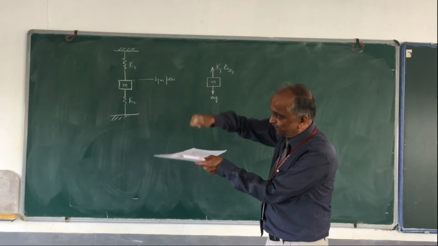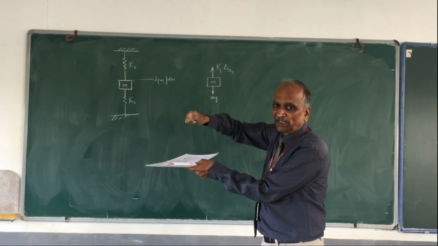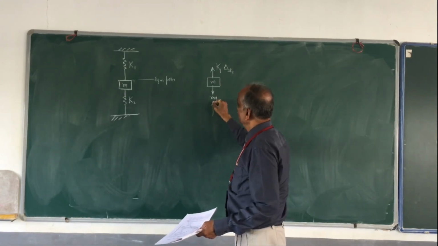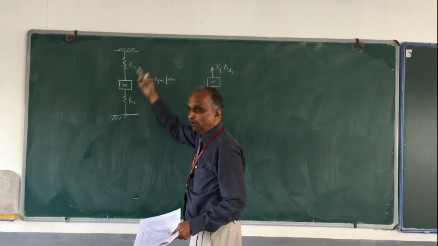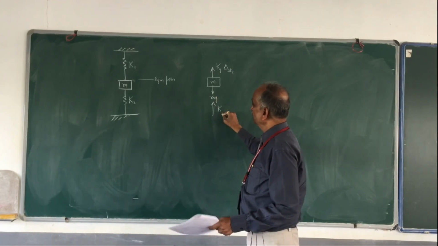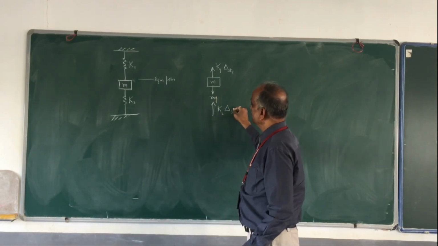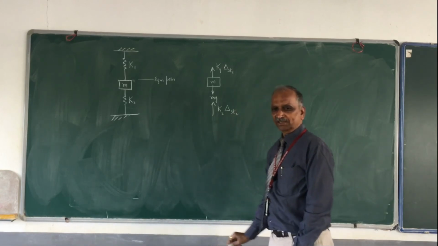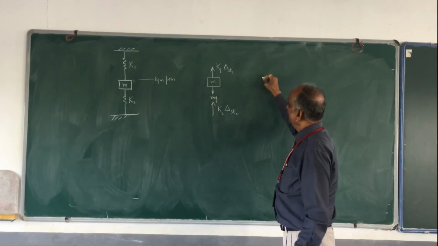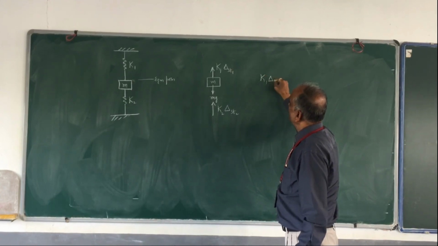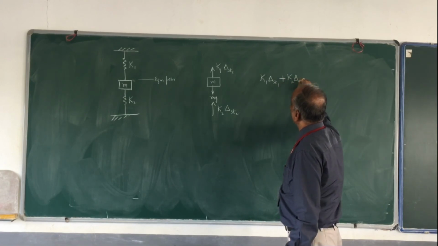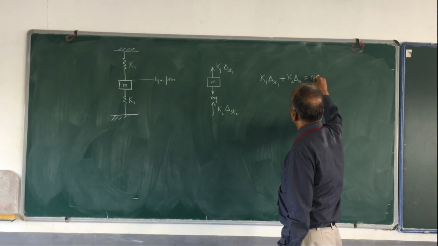When you compress the spring, the spring tries to open up, and therefore the force from the bottom spring is in the upward direction. If delta ST2 is the compression of the spring, then K1 into delta ST1 plus K2 into delta ST2 is equal to mg.